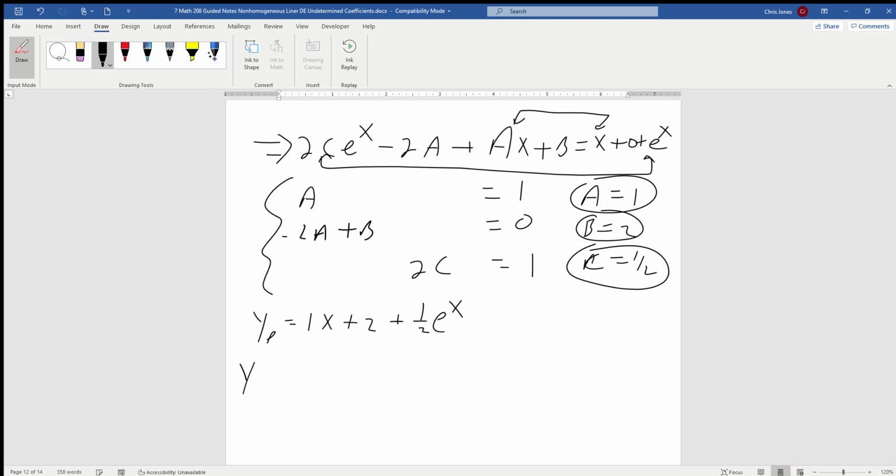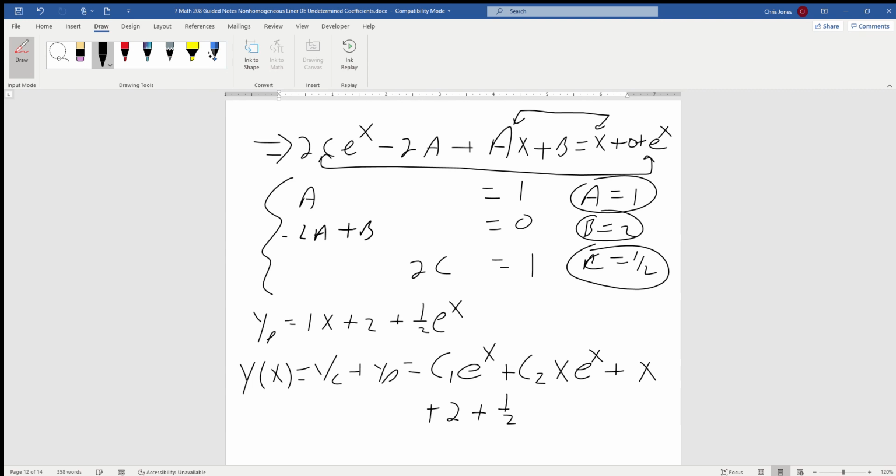And so our y of x, which is yc plus yp, is going to be equal to c1 e to the x plus c2x e to the x plus x plus 2 plus 1/2 e to the x.